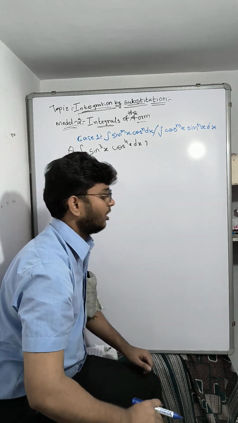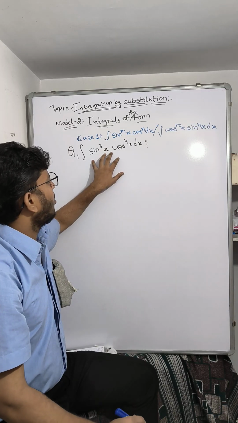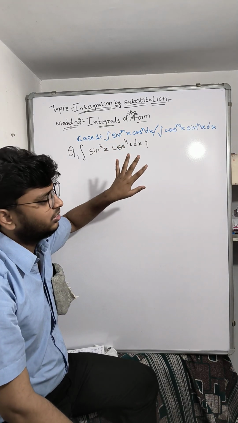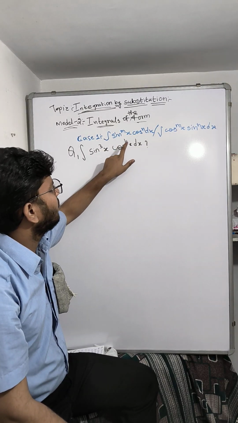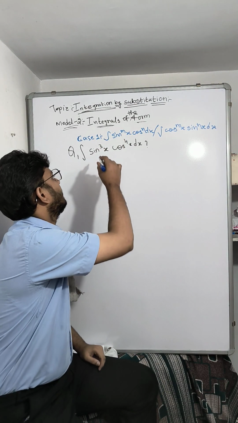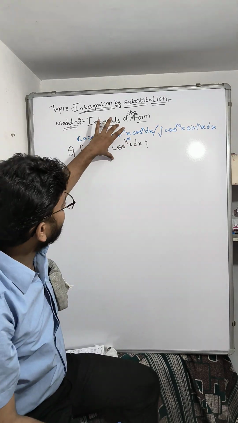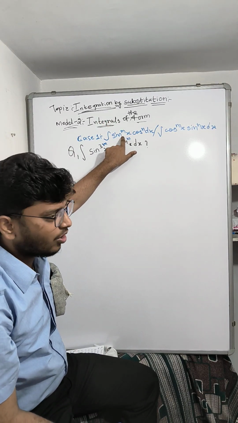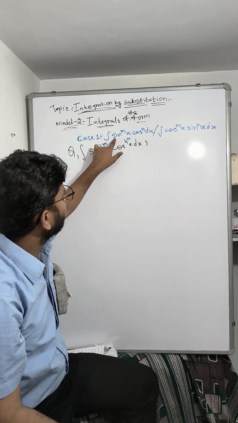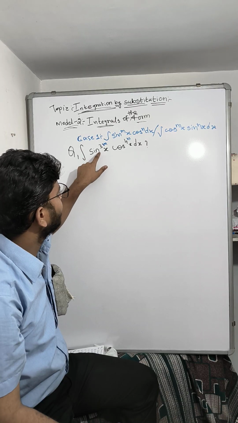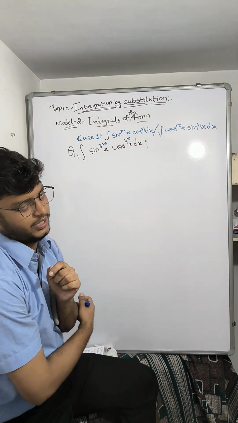First problem. Consider it is in the form of case number 1 or case number 2, the powers are 3 and 4, and this is m and this is n. Compare this form with this question. It is in the form of integral sine to the power of mx cos to the power of nx dx.